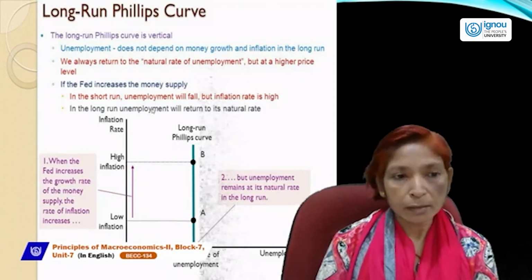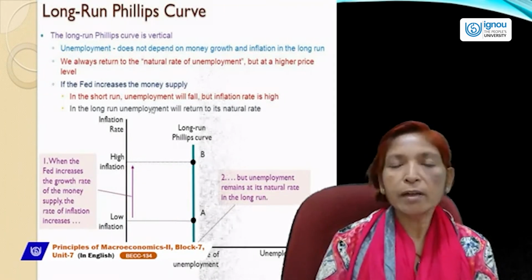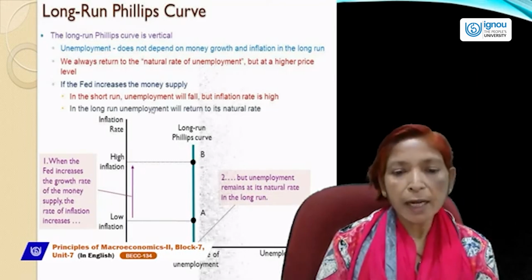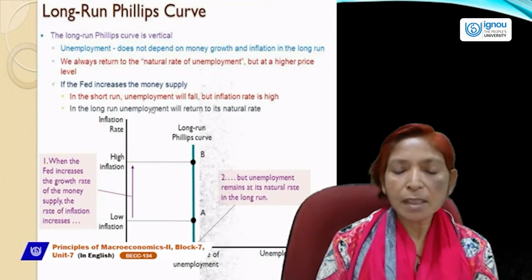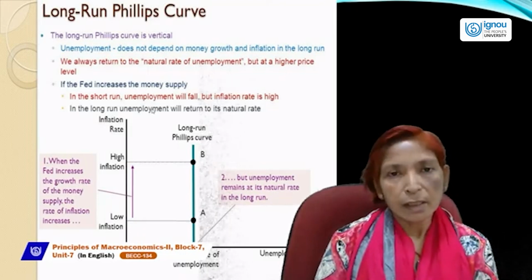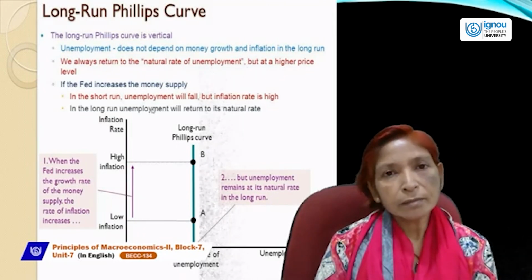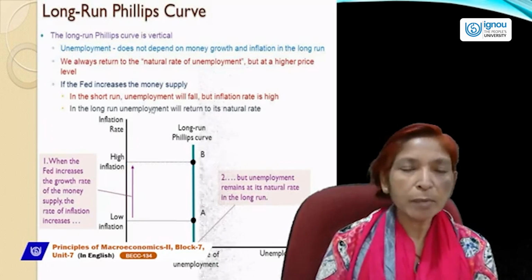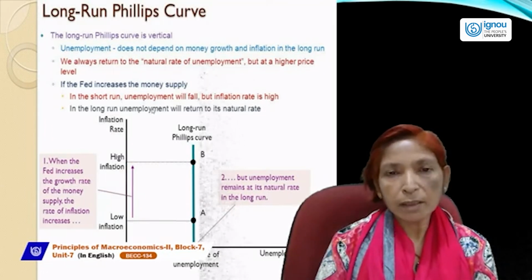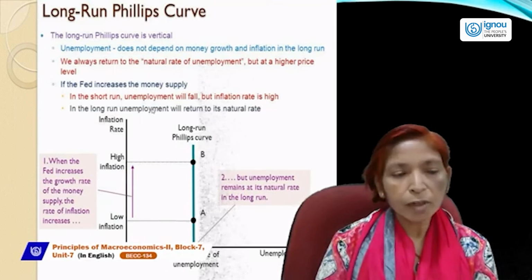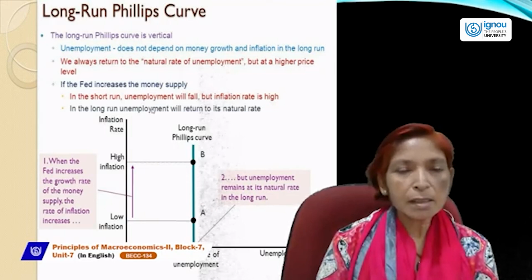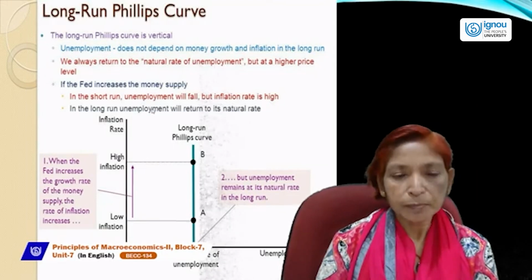But in the long run, unemployment will return to its natural rate, and the natural rate will remain the same at each level of inflation. Inflation may be higher or lower, but the natural rate of unemployment will not shift, will not change, and will not be affected by this inflation growth.